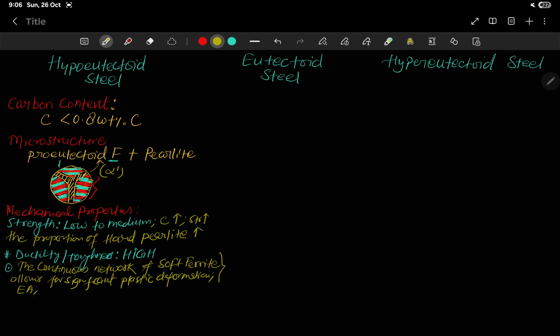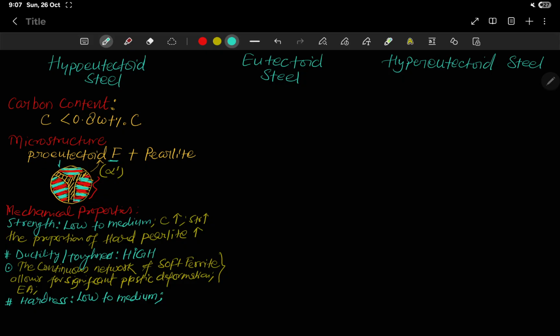Now another very important mechanical property is hardness. Here hardness is low to medium.